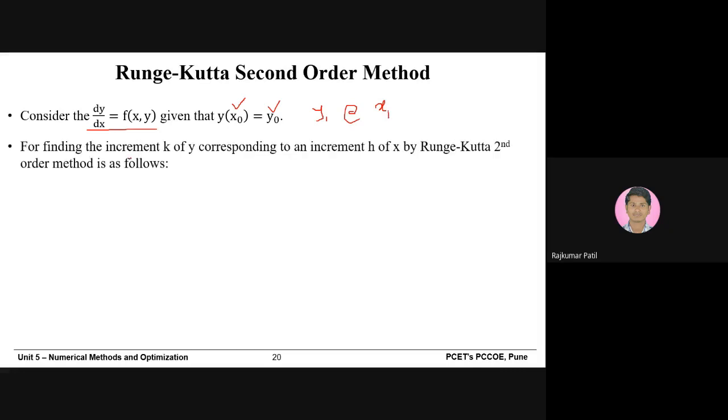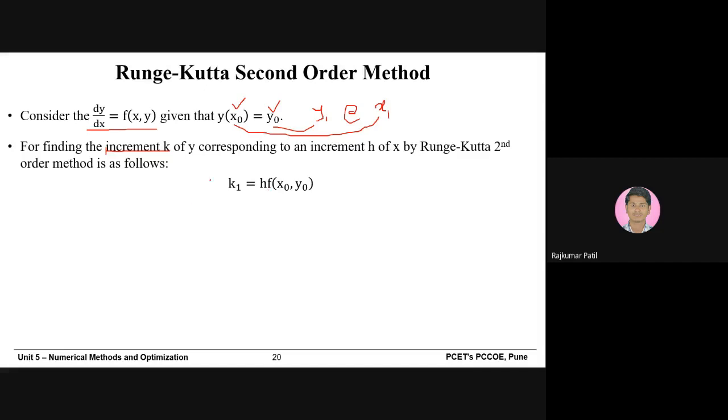For finding that increment k from y0 to y1 corresponding to an increment h of x, that is the difference between x1 and x0, you use Runge-Kutta second order method. This method is just like Runge-Kutta fourth order method, but the number of steps are less, and that we will see.